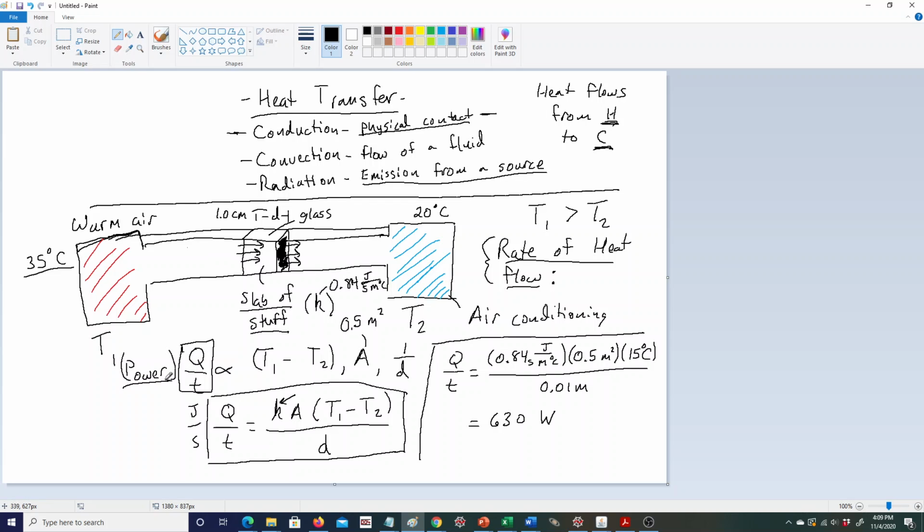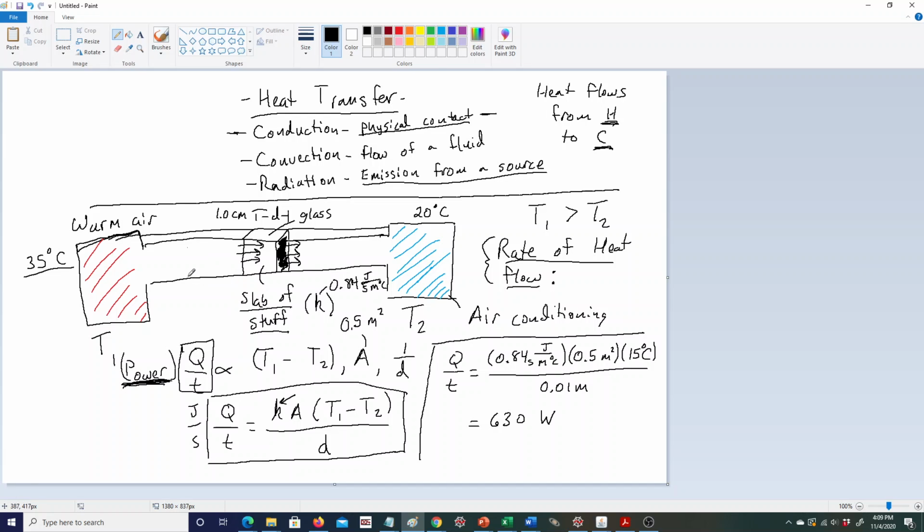And this is actually a unit of power, okay? Anytime you have energy per unit time, heat per time is a unit of power. So the first thing that you might say is, okay, at what rate is heat going to flow through this slab of stuff, our glass?